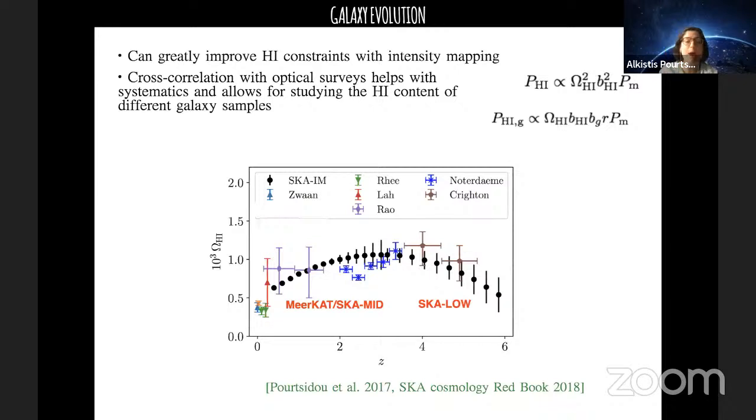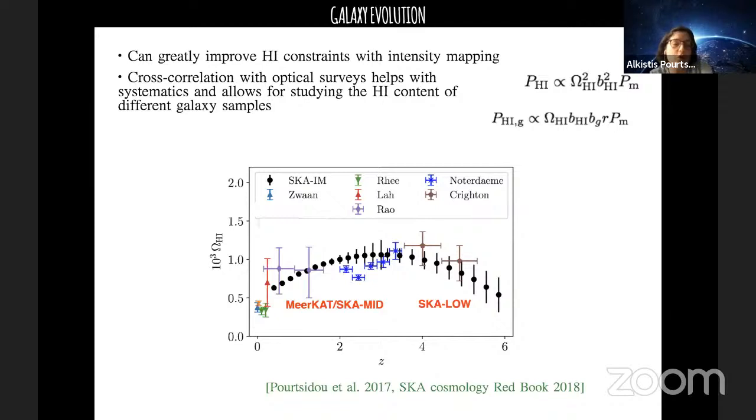So with intensity mapping, we can greatly improve on these H1 constraints and populate this diagram. And of course, forecasts like the ones I present here are very optimistic in the sense that we have ignored various systematics, but we do know that cross-correlations with optical galaxy surveys, for example, help a lot and really allow us to constrain this H1 abundance and the H1 bias.